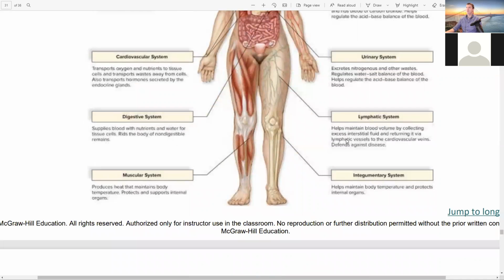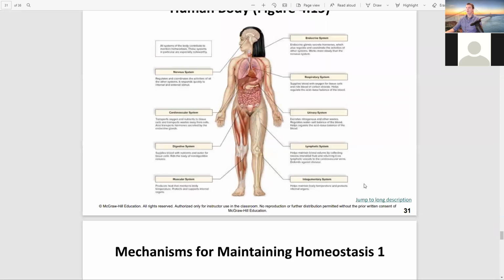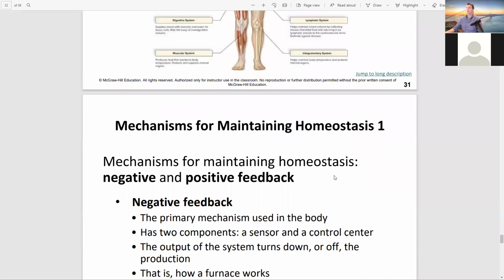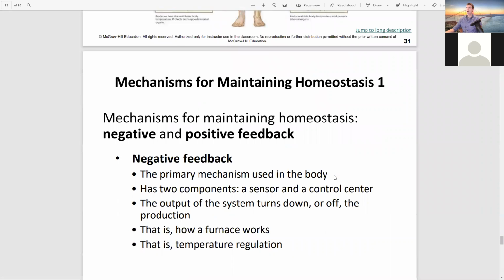Then we have the lymphatic system, which helps maintain blood volume by collecting excess interstitial fluid and returning it via lymphatic vessels to the cardiovascular veins. And this helps defend against diseases. Then we have the integumentary system, which helps maintain body temperature and protects internal organs. So there's a lot of homeostasis going on in the body.